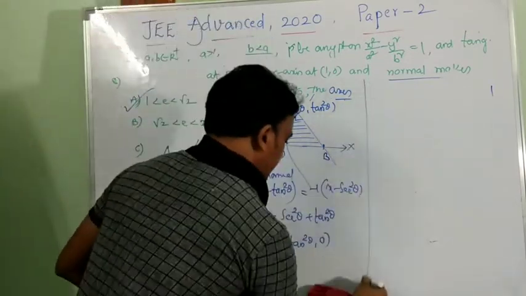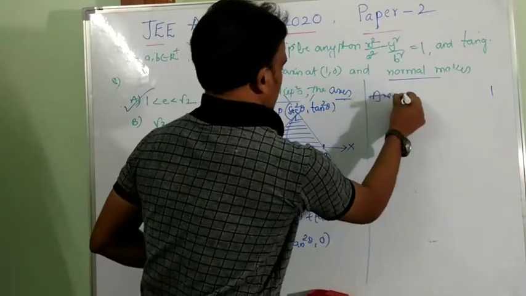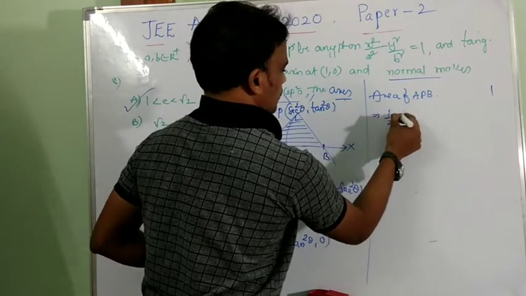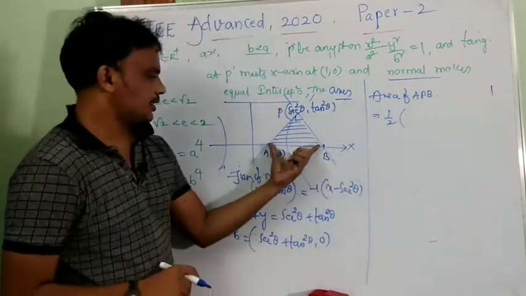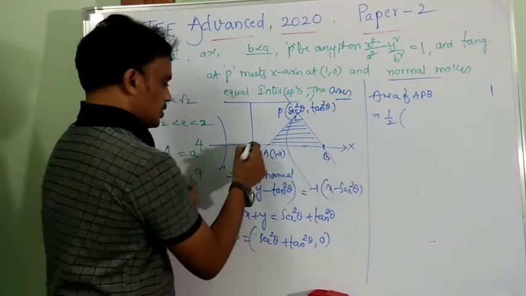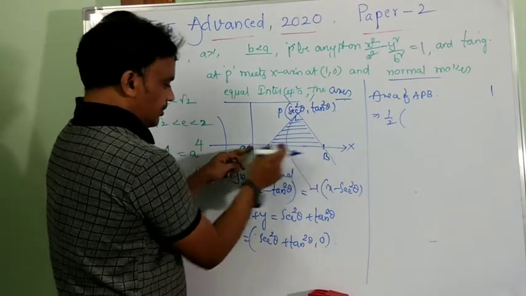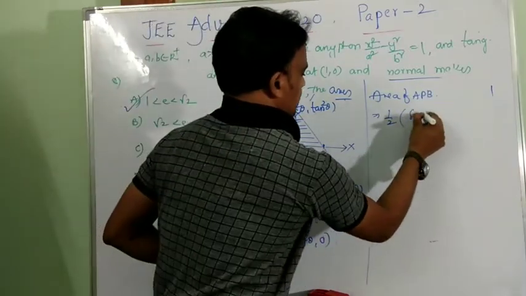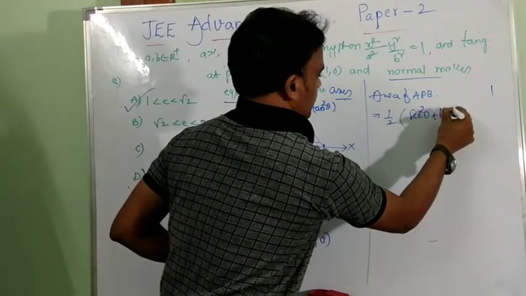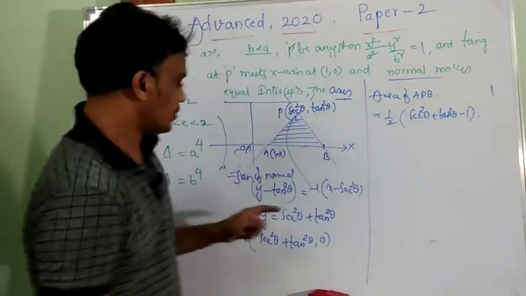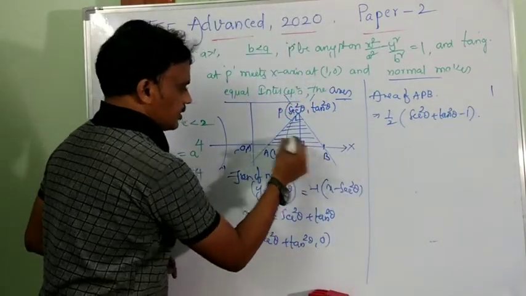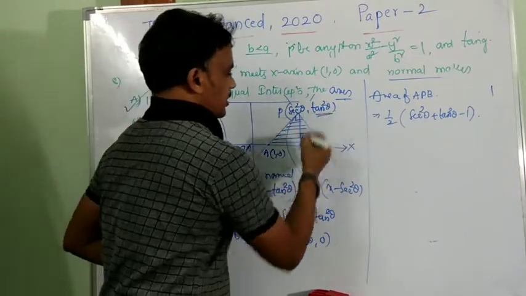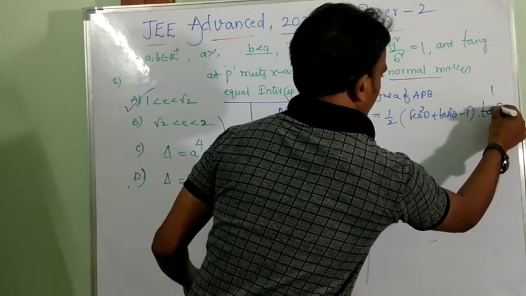Now I am going to get the area of the triangle APB. This is half into base. This is the origin, and the total length minus 1: its x coordinate is secant square theta plus tan square theta minus 1, into height. The distance from the point to the x-axis is the y coordinate, which is tan square theta.